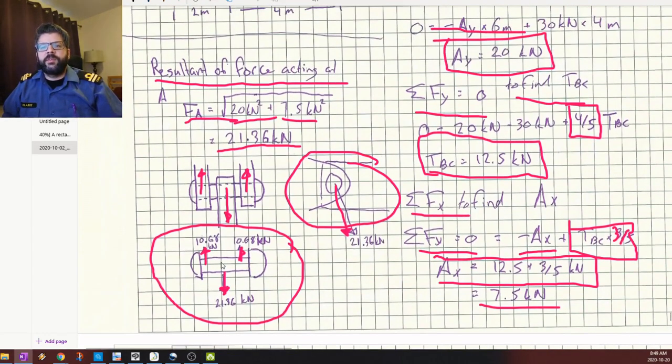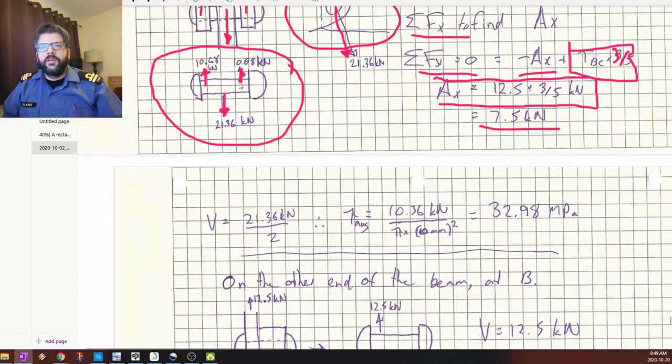So based upon that, if we take a section at one of these points, we know that the shear load across one of those sections is going to be equal to that half load there.